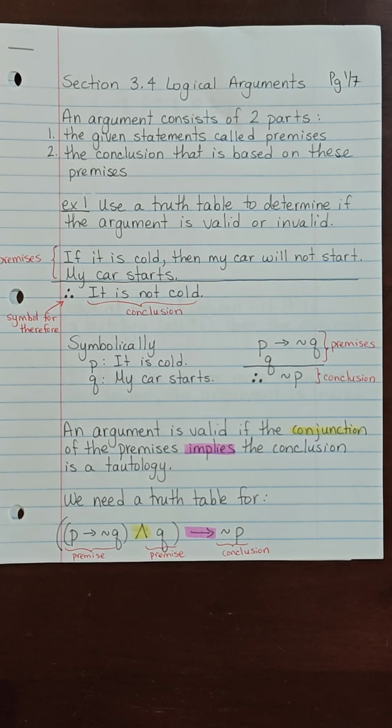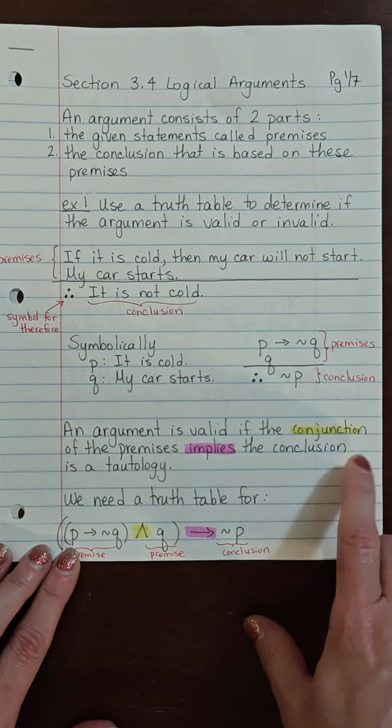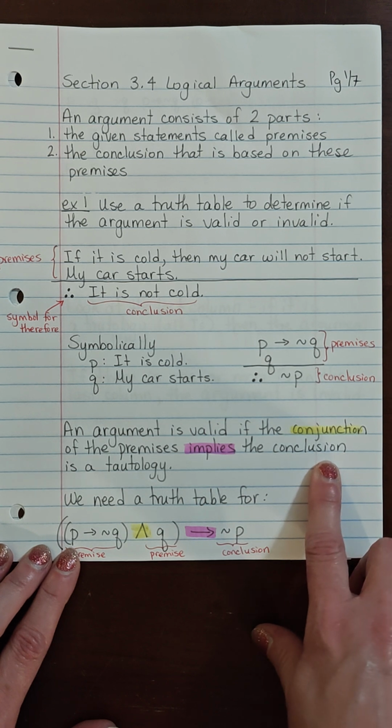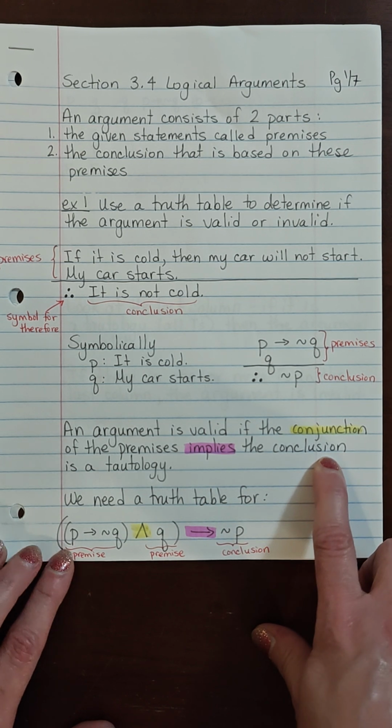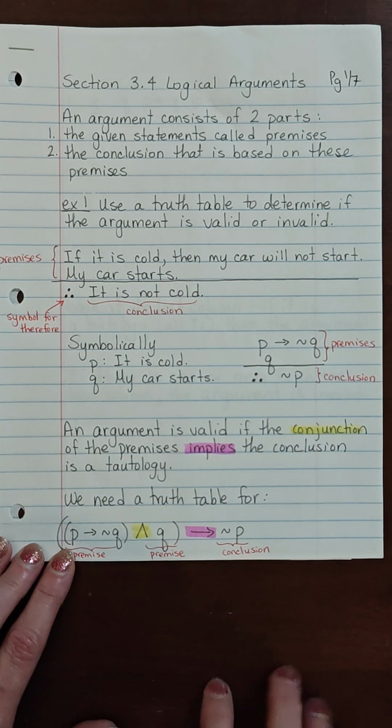Now, here's how we're going to determine with a truth table if an argument is valid. It is valid if the conjunction of the premises implies the conclusion is a tautology. And that's a mouthful. So we're going to need a truth table for the conjunction of these two statements.